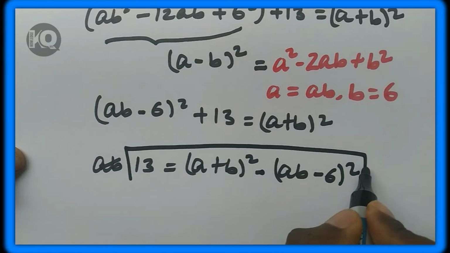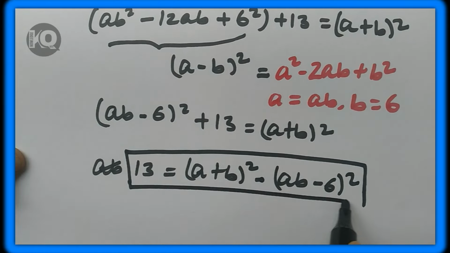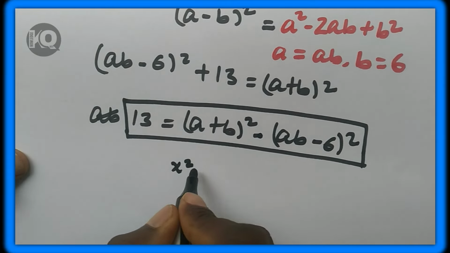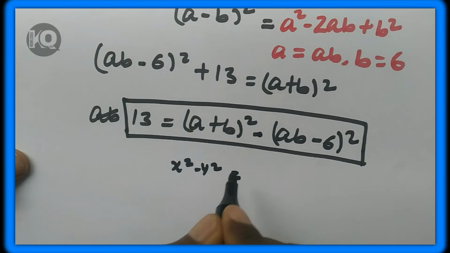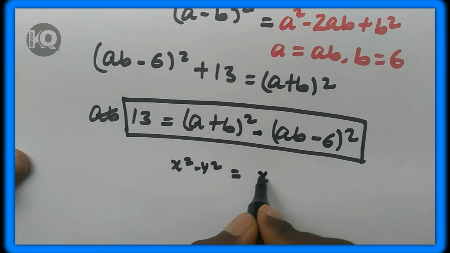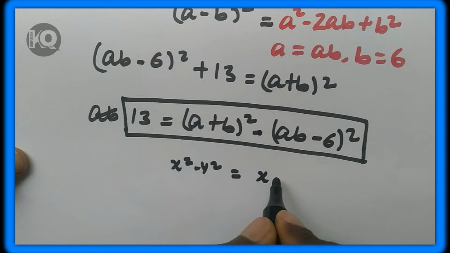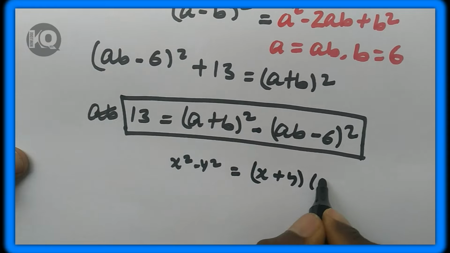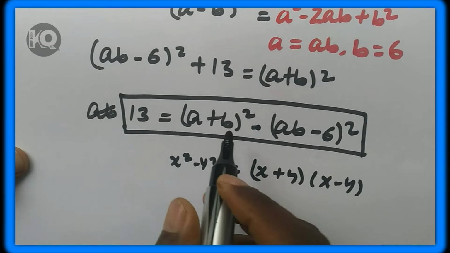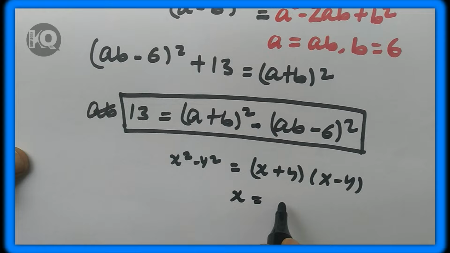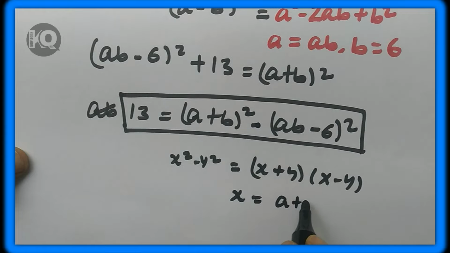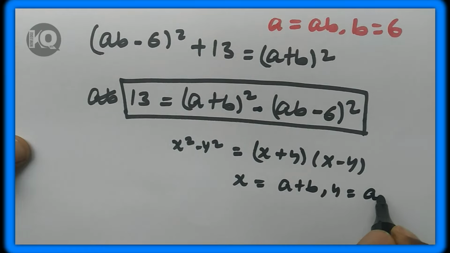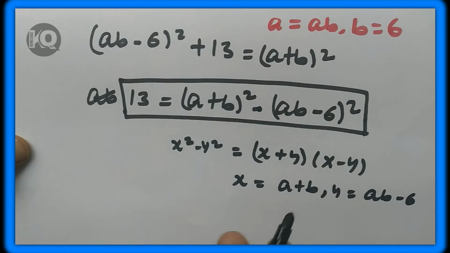So this equation here is in the form of x² − y², which is equal to (x + y)(x − y). Here x is a + b, and y is ab − 6.